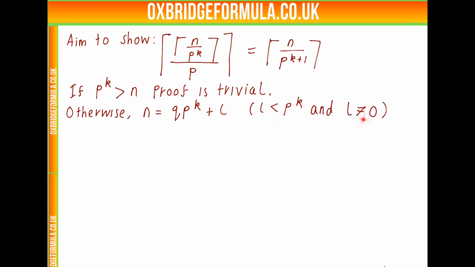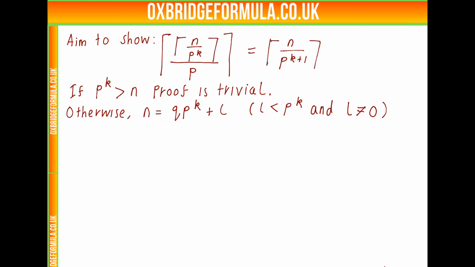And we're also going to assume l is non-zero. Why is that? Well, if l is 0, then the ceiling of n over p to the k is just q, and then over p is the ceiling of q over p, and n over p to the k plus 1 is just q over p, so both of these just come out as the ceiling of q over p, and so they are the same. So l not equal to 0 is the only case we really have to look at.